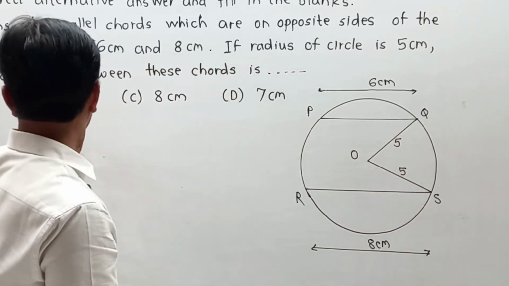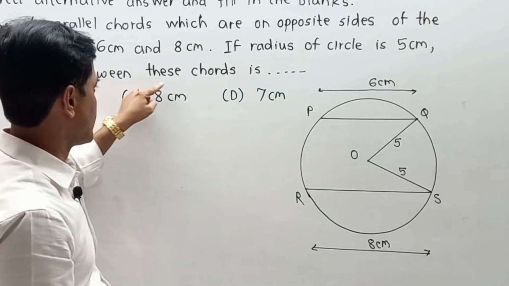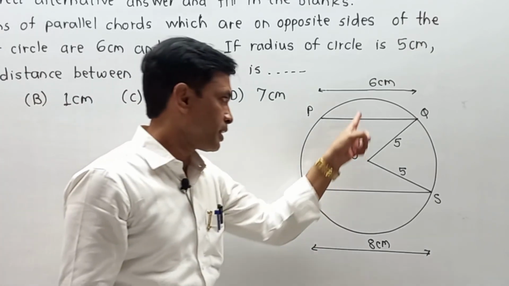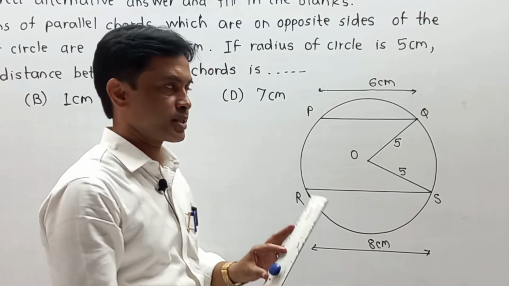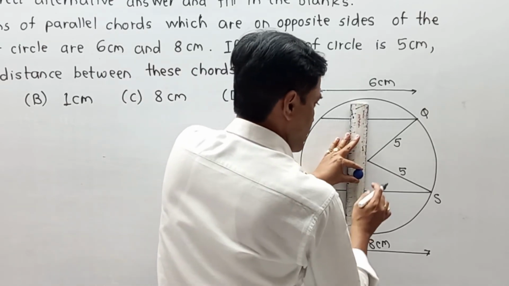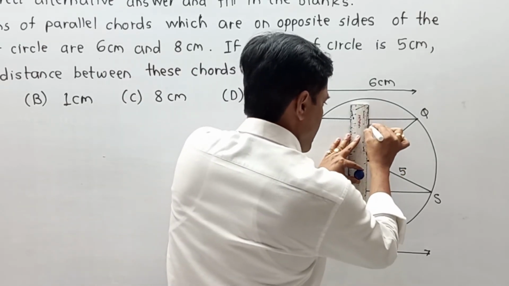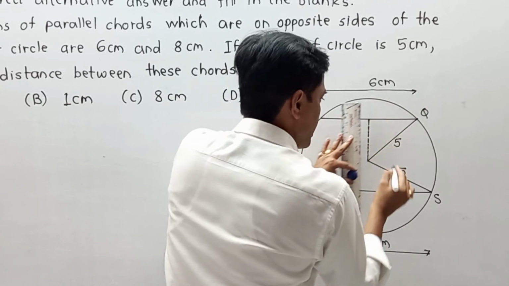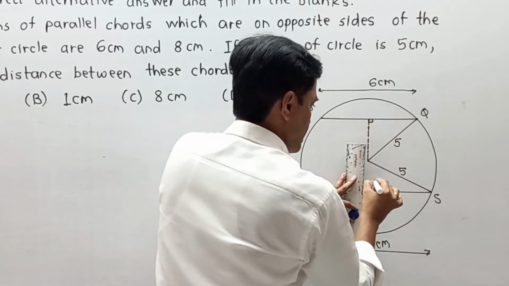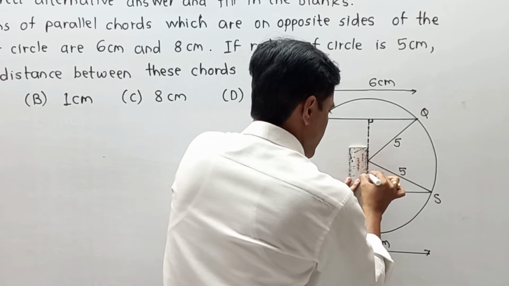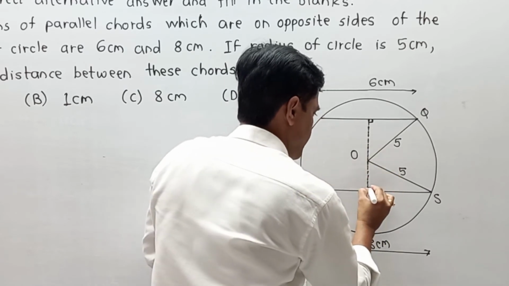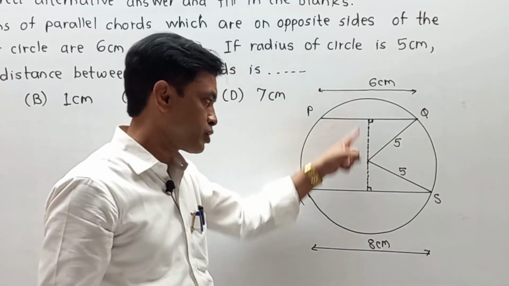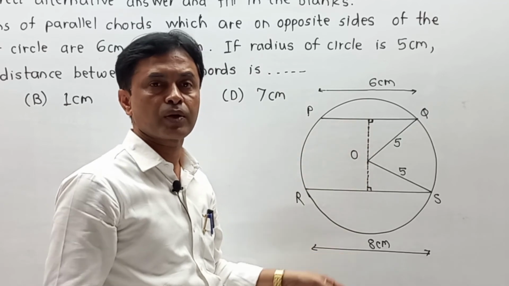Then the distance between those chords is. Means we have to draw a perpendicular from O to the first chord, and a perpendicular from O to the second chord, and we have to calculate this total distance that I have drawn by dotted line.